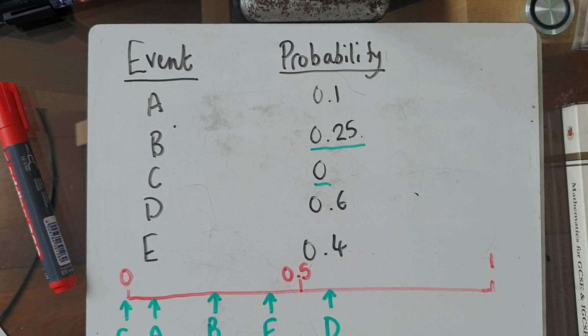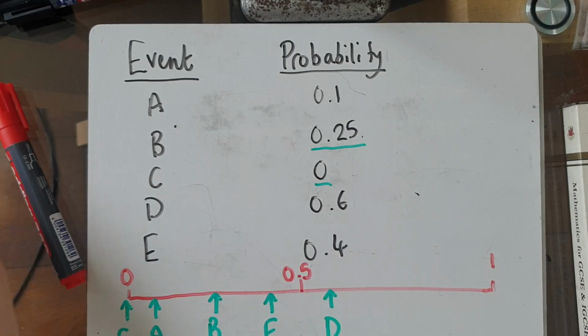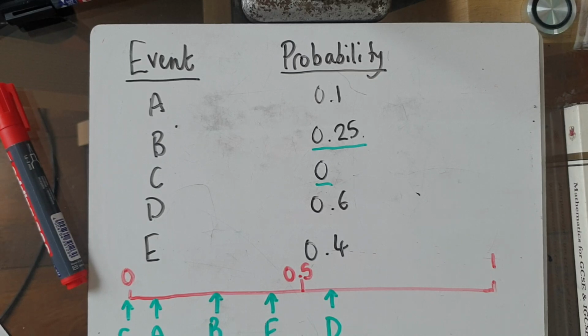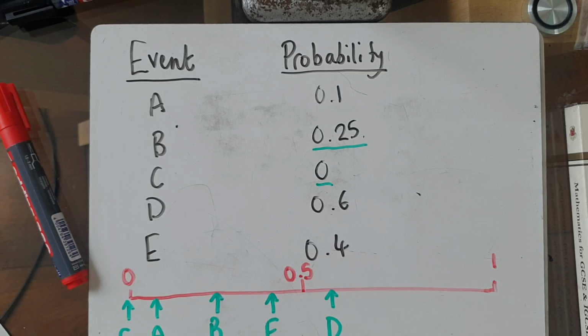So I've now marked all the probabilities onto the probability scale. Can you please copy down that example? Once you've done that, that should be everything you need to have a go at the questions I've put up. Please message me on Show My Homework if you get stuck on any of them, and I will put up a video showing you how to do them.